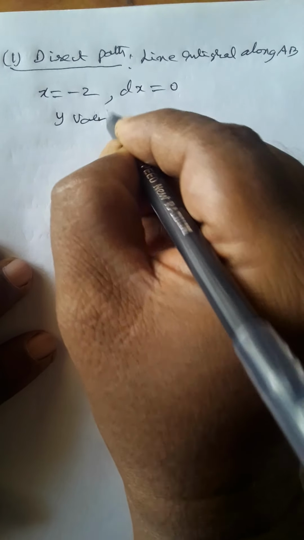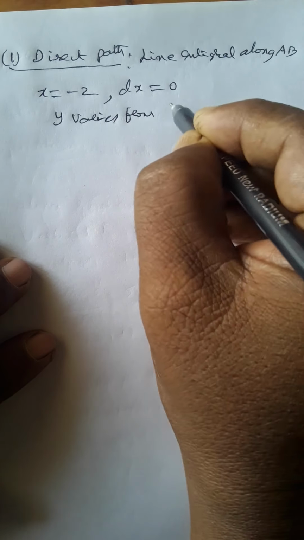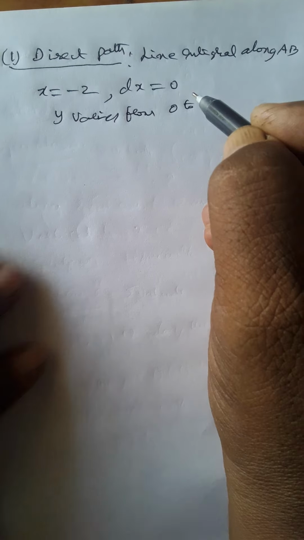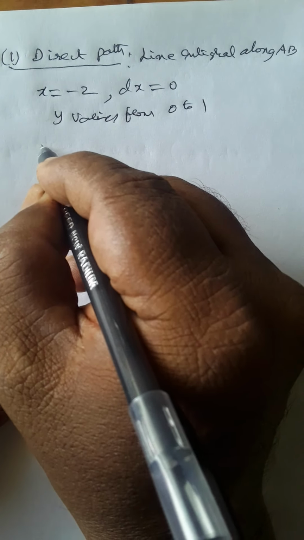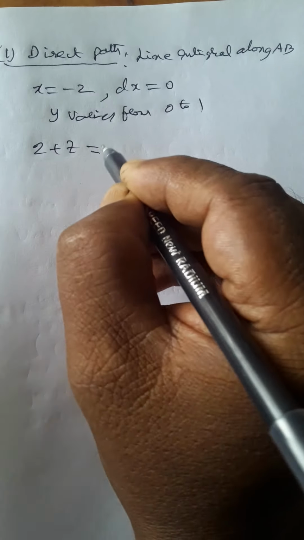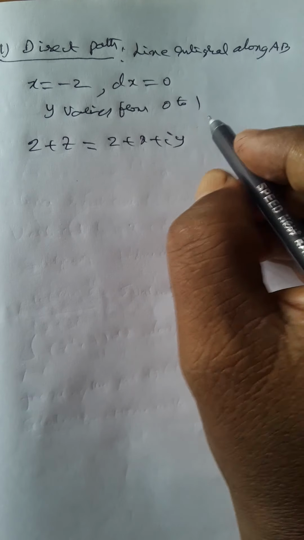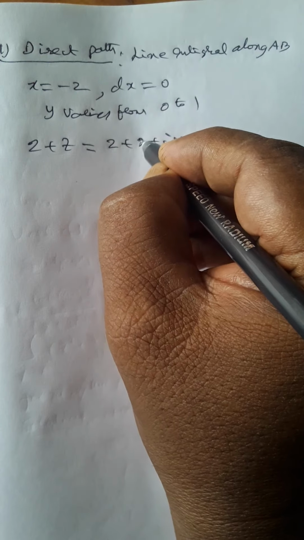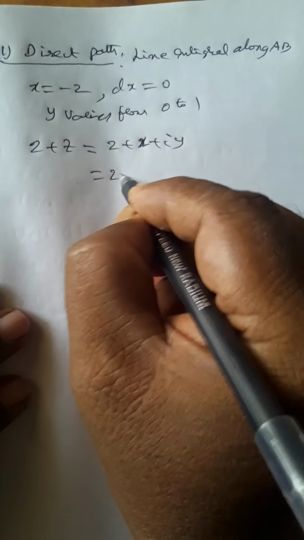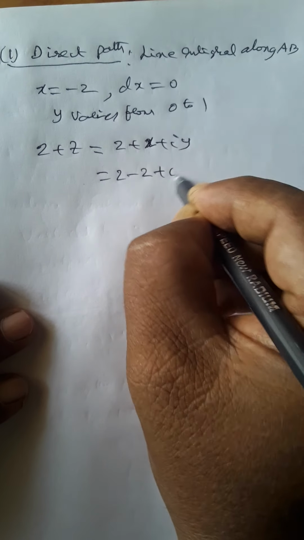Y varies from 0 to 1. 2 plus z is equal to 2 plus x plus iy. X is equal to minus 2, so 2 minus 2 plus iy.